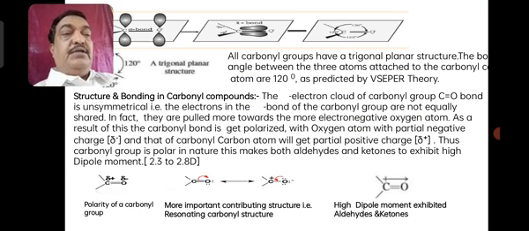Let us see. This particular carbonyl group, having carbon delta plus and oxygen delta minus, shows a resonating structure with a shift of the pi bond towards the oxygen, making oxygen minus and carbon plus, and having a dipole moment for aldehydes and for ketones.